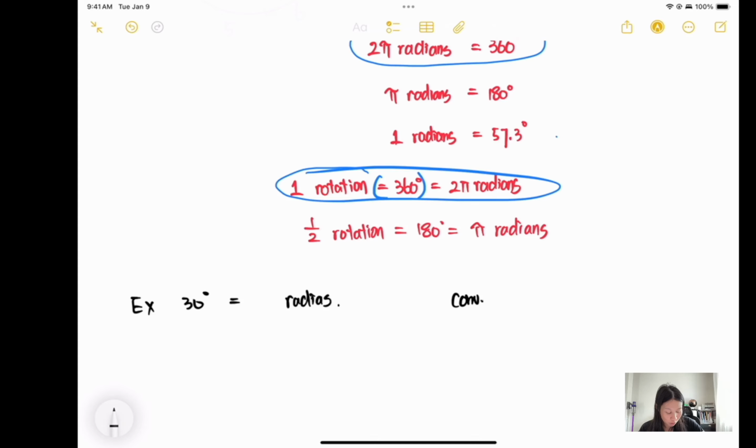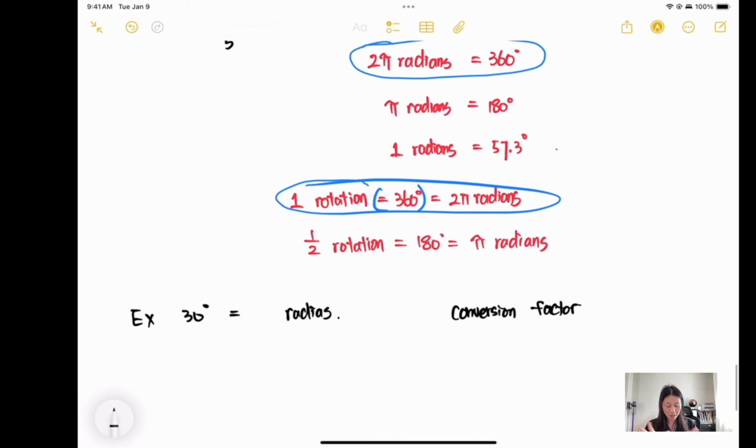We want to convert degrees to radians, so we need to know the relation. We know that 2 pi radians is equal to 360 degrees.